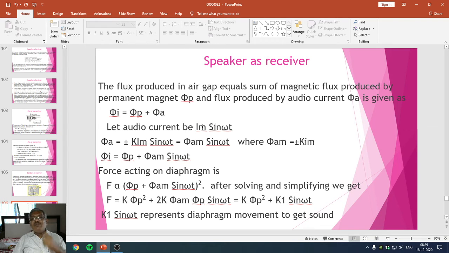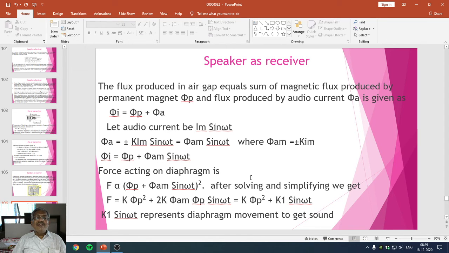In the mic we represented it as I. The same current we call Im sine omega t. Therefore, phi a, the audio frequency flux, is equal to plus or minus k times Im sine omega t. By putting k times Im equal to phi Am, the equation becomes phi i equals phi p plus phi Am sine omega t.